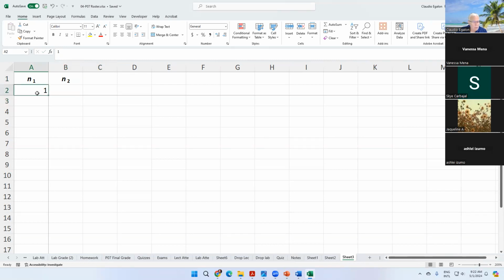N1 is the medium of higher index of refraction, right? So let's not forget N1 greater than N2. Because N1 stands for the first medium. That's what it stands for.